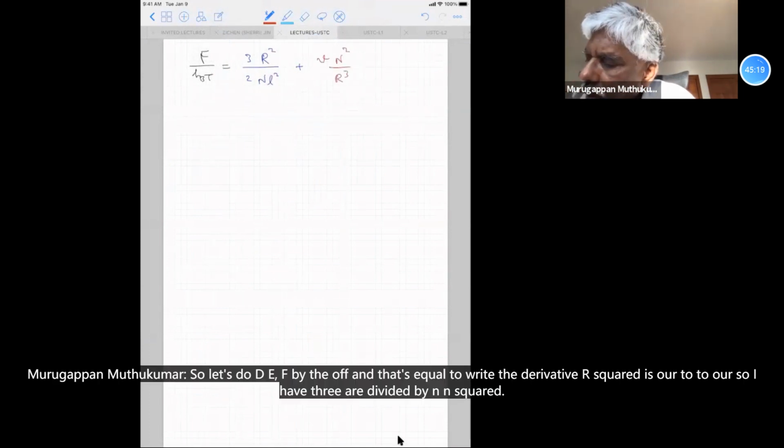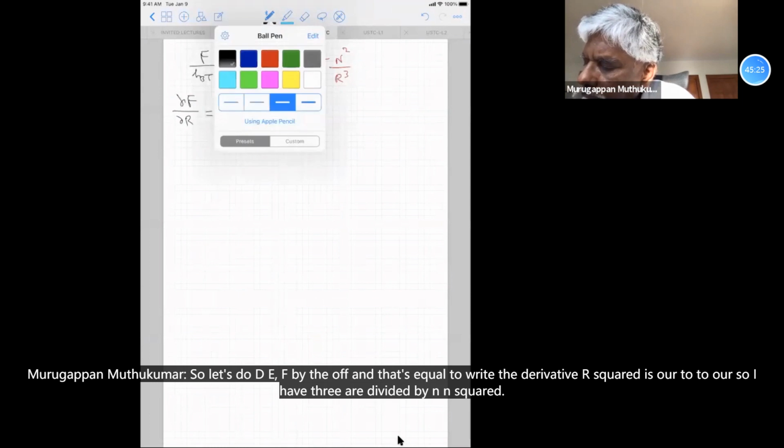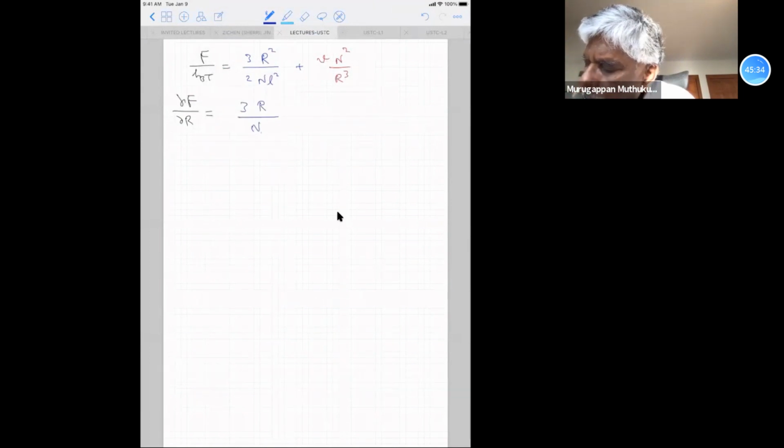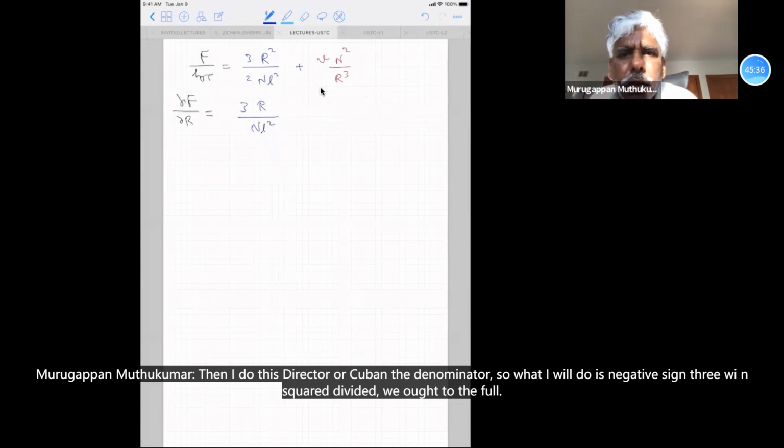Okay, so let's do dF by dR. Derivative of R squared is 2R, so I have 3R divided by N L squared. And then I do this red term, R cubed in the denominator, so what I will do is a negative sign, 3 V N squared divided by R to the 4.